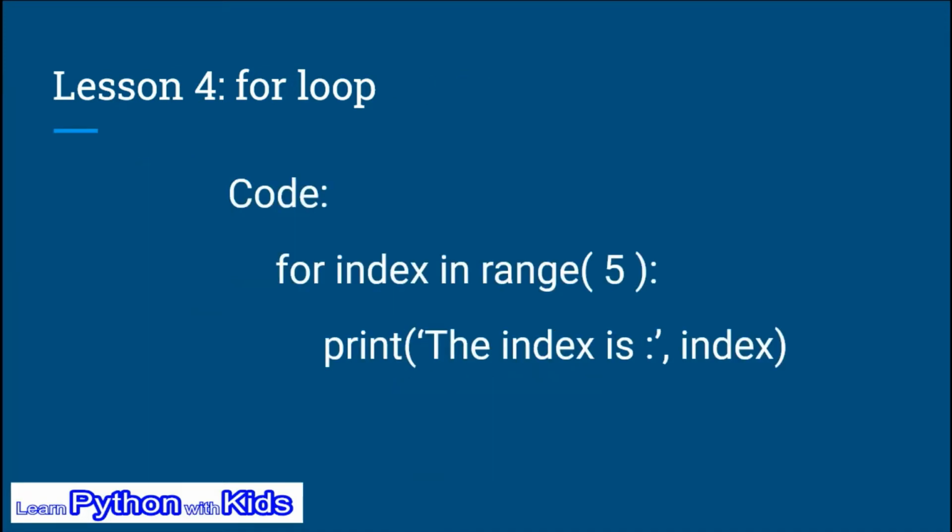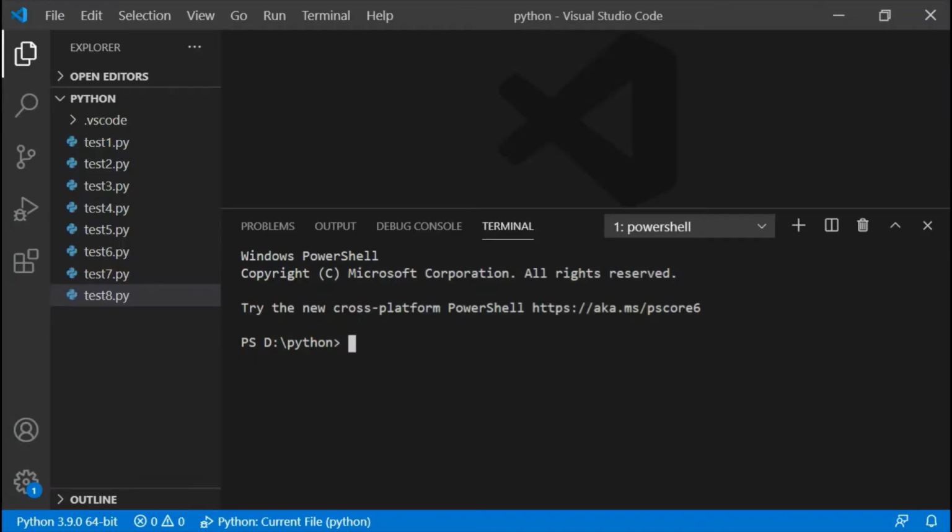Let's try to run the code like this together. The loop should repeat 5 times and print one line with index value per loop. Let's try it. Let's create a new file. Test 9.